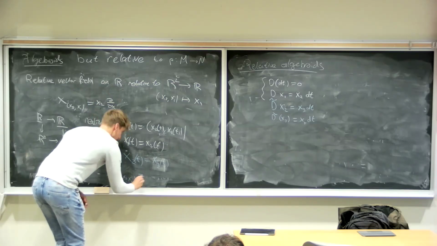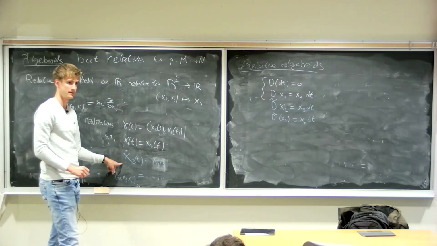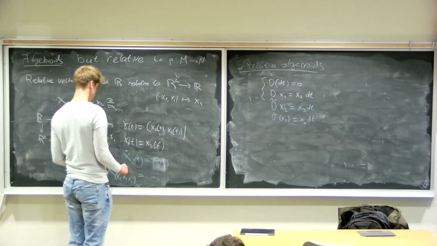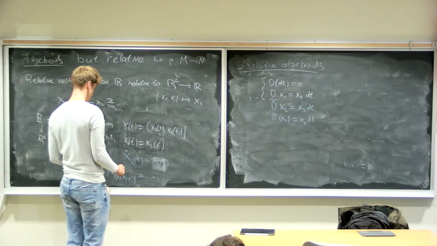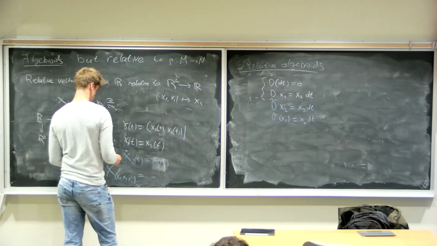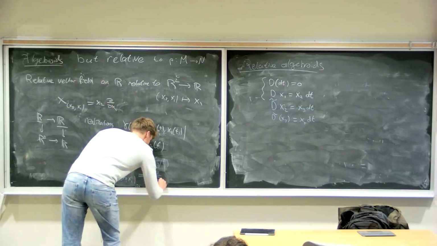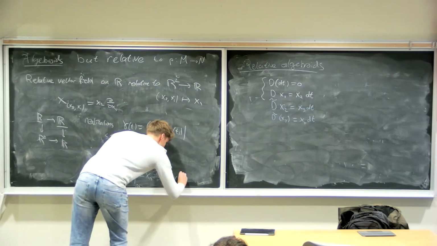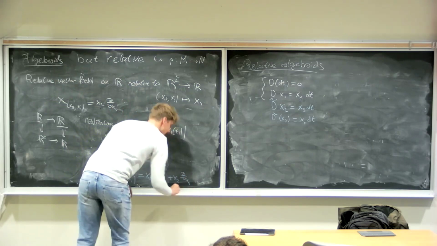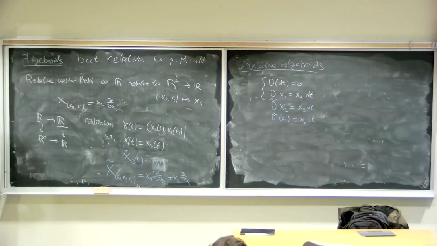But we can only differentiate x1 and x2. So this would be x3 d/dx2 plus x2 d/dx1. That's a new relative vector field that we get from this set of equations.